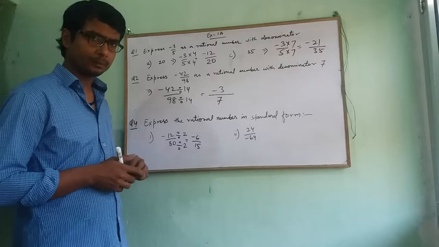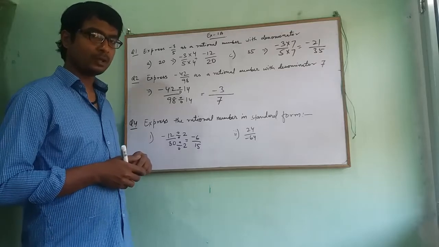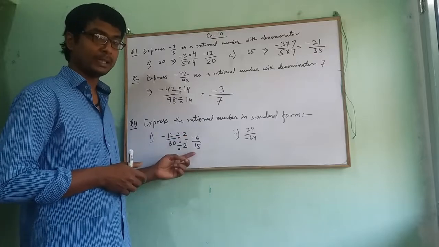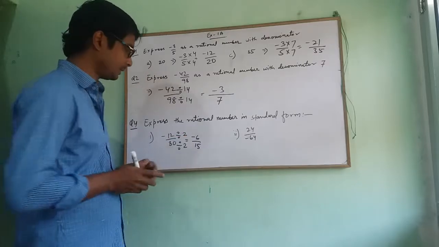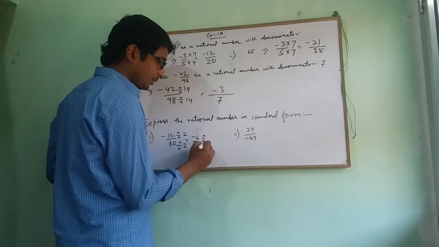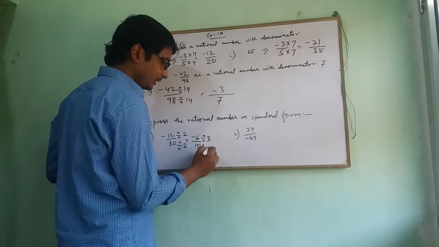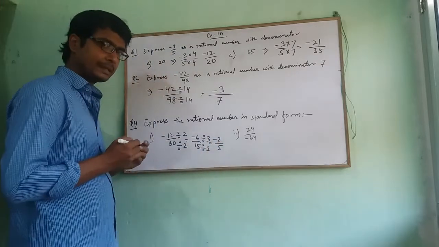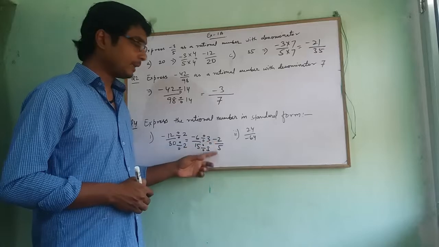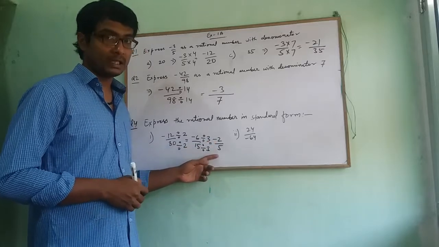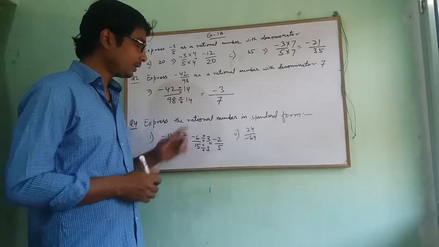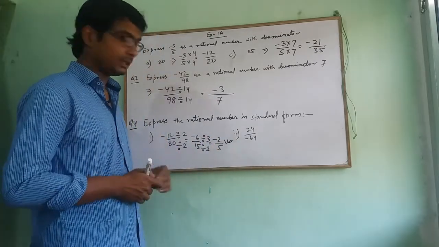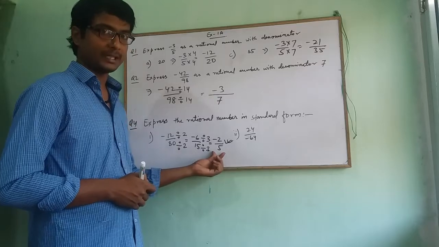So is it in standard form? I think no, because one more common multiple is there for both the numerator and the denominator, and that is 3. So I will divide both the numerator and the denominator by 3. It becomes minus 2 by 5. Now you can see that the numerator and the denominator have no common divisor other than 1. So therefore minus 2 by 5 is my final rational number, which is in standard form.